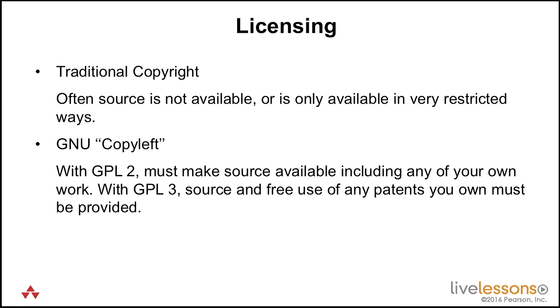A few years ago, the GNU copyleft was switched from the GNU Public License 2 to GNU Public License 3, and GNU Public License 3 has many of the same properties of GNU Public License 2, but it also adds that if you have any patents of yours that cover stuff that's in your open source code, you must provide a no-cost license to use those patents.